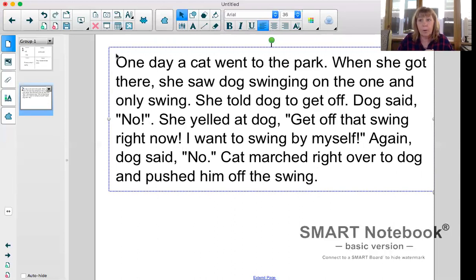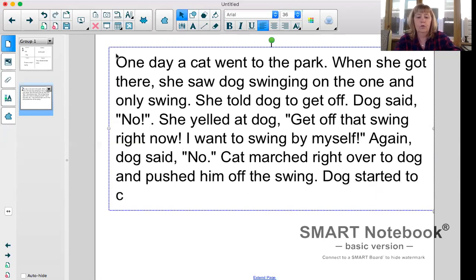Woohoo! That's a problem, right? So here I've got the problem. Now I got to get somehow to the solution. Got my characters, got them at the park, got some action happening. Dog started to cry. Cat felt really bad.